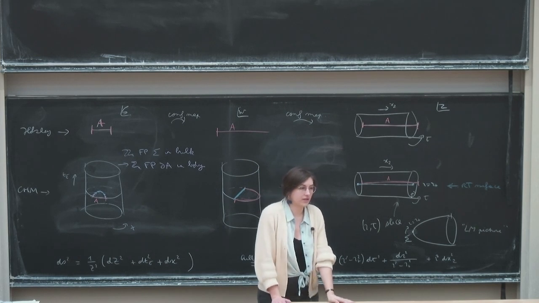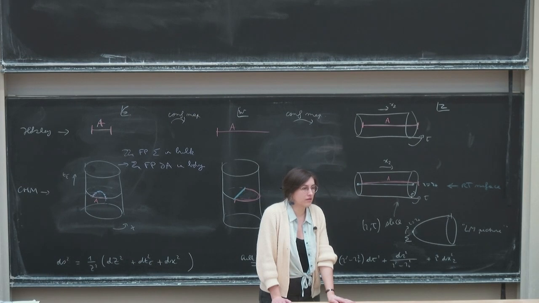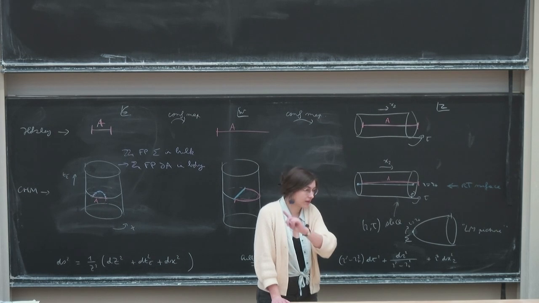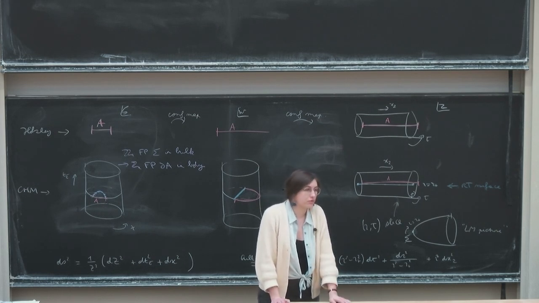So this was true in these specific cases, but Casini-Huerta-Myers do discuss the d-dimensional case. I think in the same way that, so d-dimensional CFT, in the same way that Lewkowycz-Maldacena also do that, which was on the board this morning. That you can just drop that conformal factor, so there is a conformal transformation that you can find.